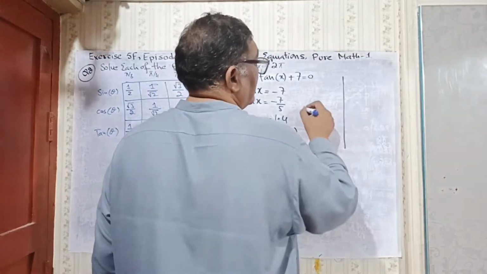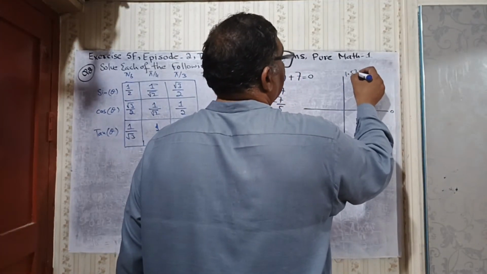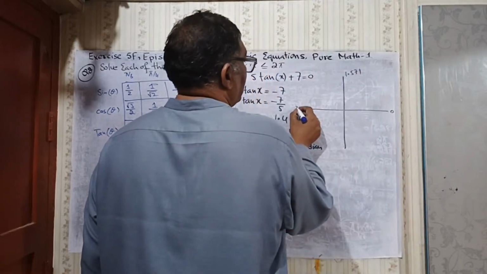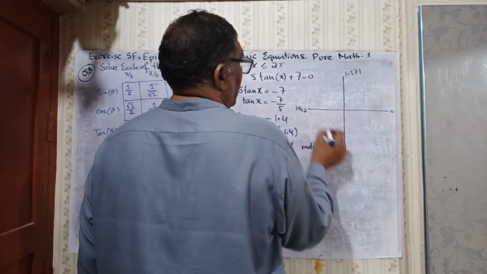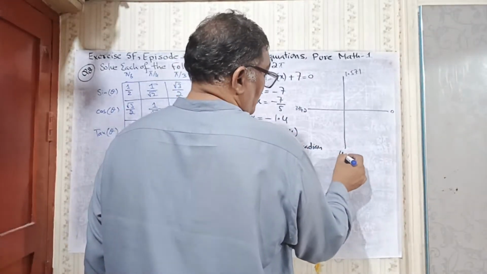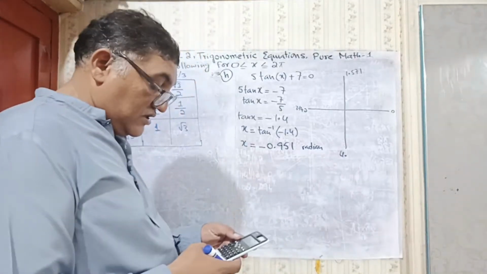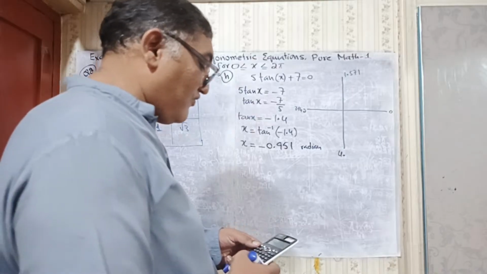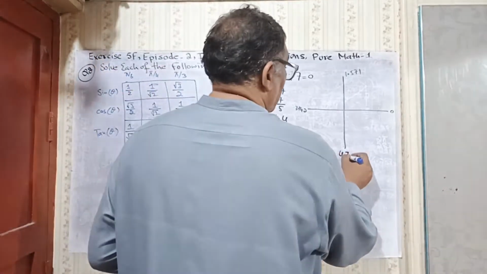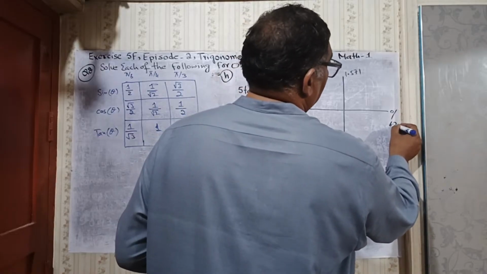Here we have 0, here we have 1.571, here 3.142, here 4.712, and when you come back here, it is 6.283.